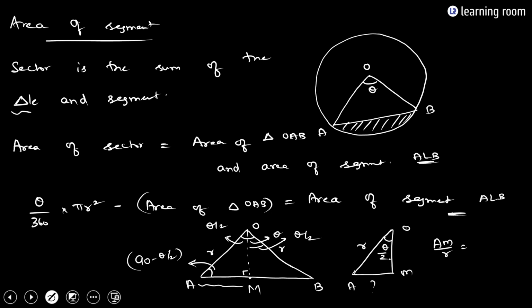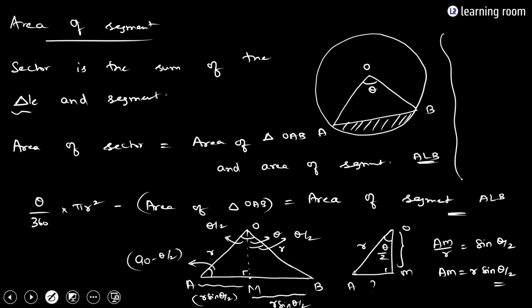AM divided by R is? Basic trigonometry. Sine. Sine of how much? Sine theta by 2. So AM is equal to R times sine theta by 2. Accepted? So AM is R sine theta by 2 and MB is also R sine theta by 2.